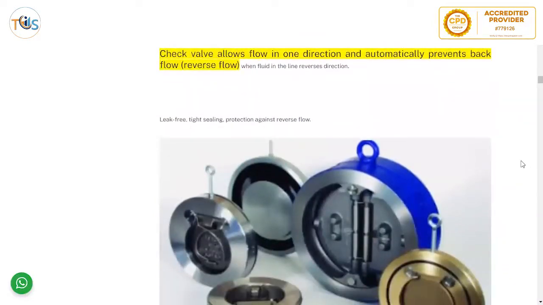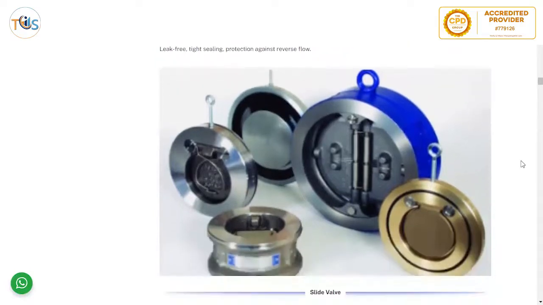A check valve allows flow in one direction and automatically prevents backflow when the fluid in the line reverses direction. As you can see, it can be just one plate, or it can be two plates with a hinge in the middle. There are different methods. If the flow comes back, then it closes.